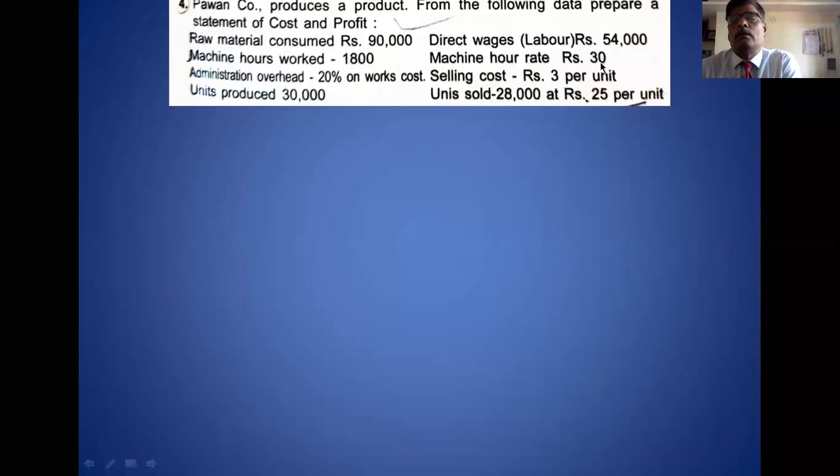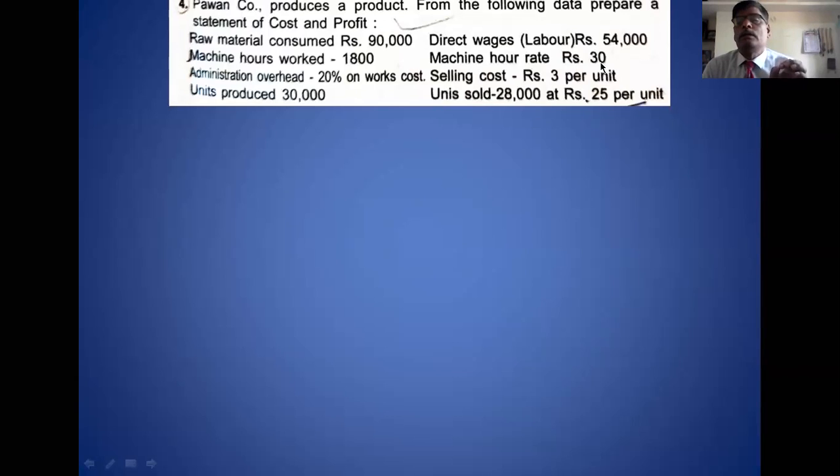Machine hour rate 30. What is this? Machine hour rate, do you know the meaning of this? Machine hour rate means it is the cost of running a machine for 1 hour. Whatever expenses you incur to take the work from a machine for 1 hour, that is called machine hour rate.